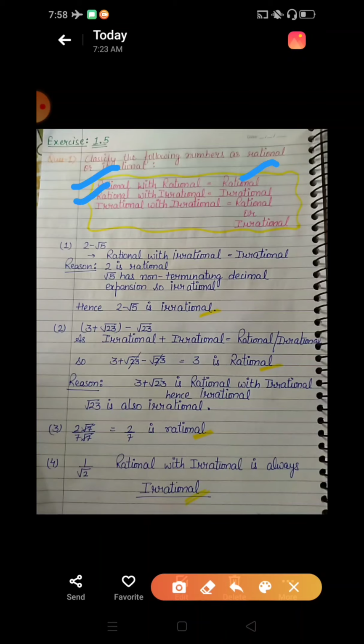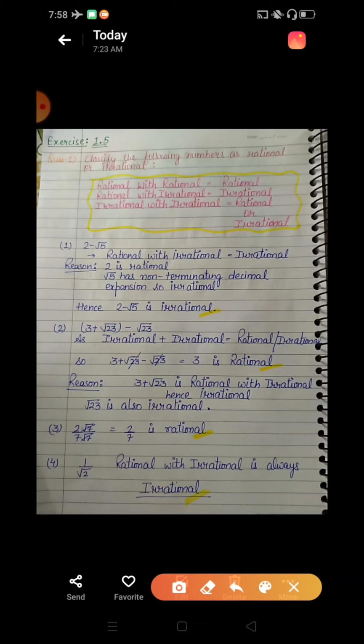Whenever you operate a rational with irrational, the answer is always irrational. Rational plus rational, rational. Rational plus irrational, irrational. But whenever you operate irrational with irrational, we can't predict without knowing the answer whether the answer is rational or irrational.